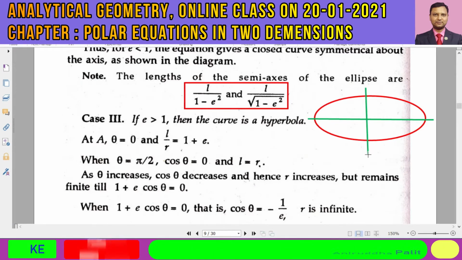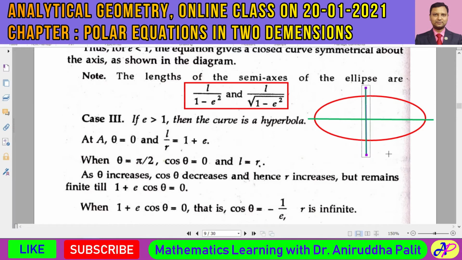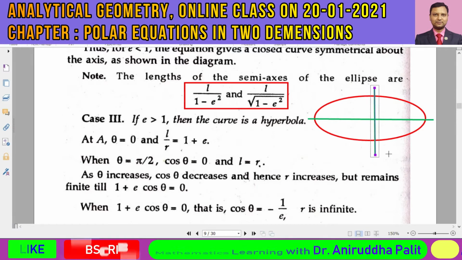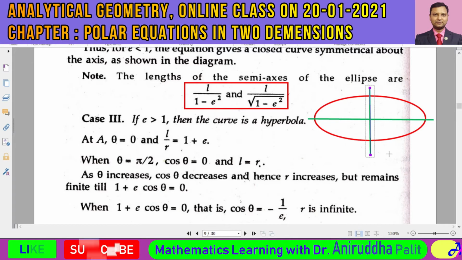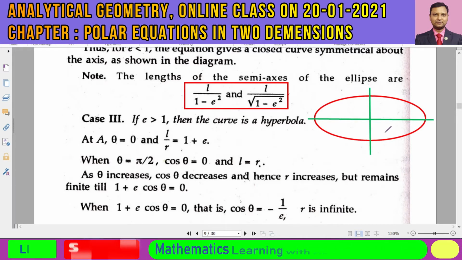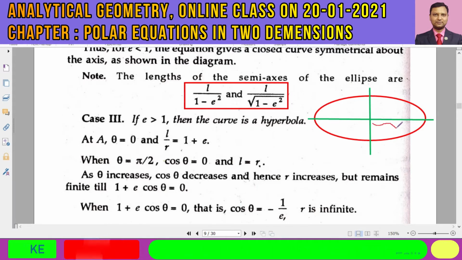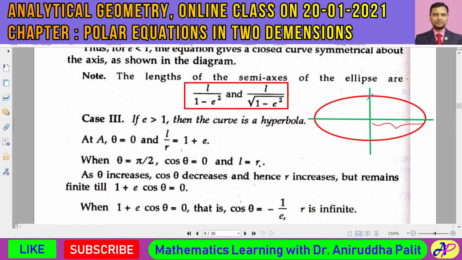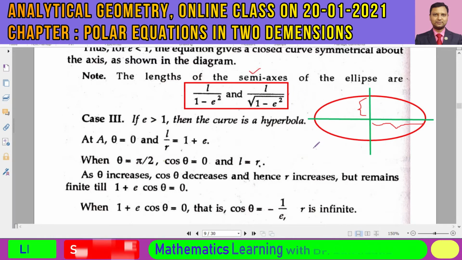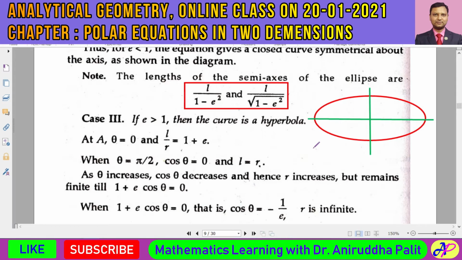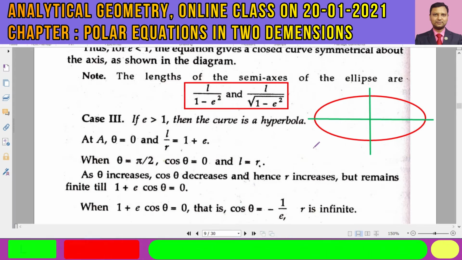Semi-axis means half of the total axis. So half of this major axis is called the semi-major axis, and half of this minor axis is called the semi-minor axis. So semi-axis means semi-major axis as well as semi-minor axis. And how to get the length of this semi-major axis?